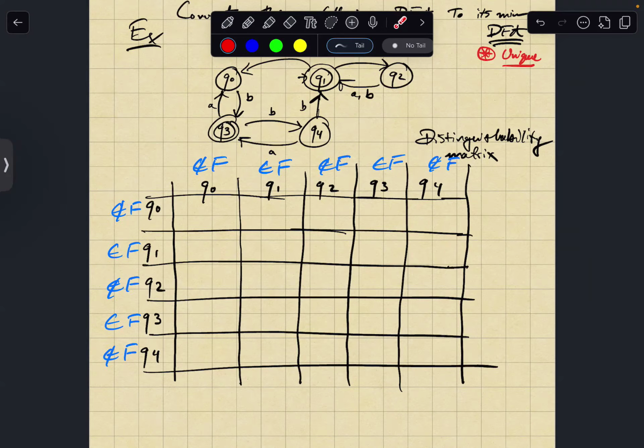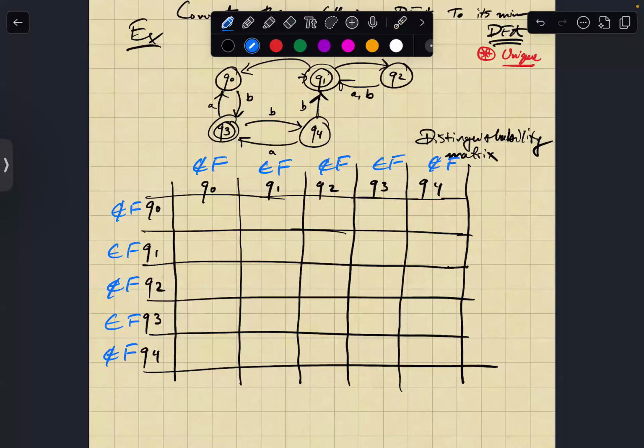This is another way to do it. I can't tell you why, but I really think you should also learn how to do it this way. There are many videos online about how to minimize DFAs. I really think you should know this one pretty well. But yes, that's another way of doing it. Yeah, you're right.